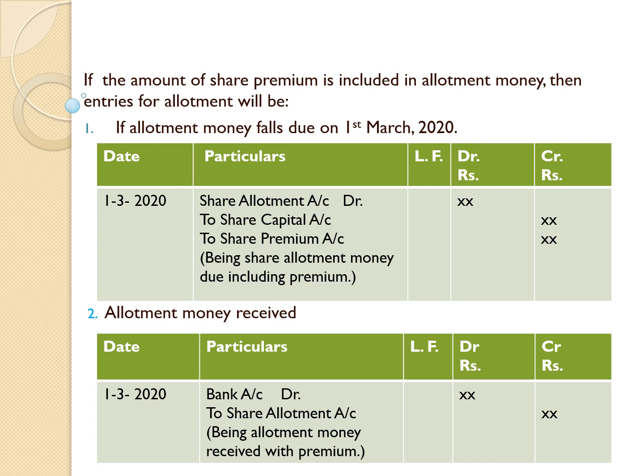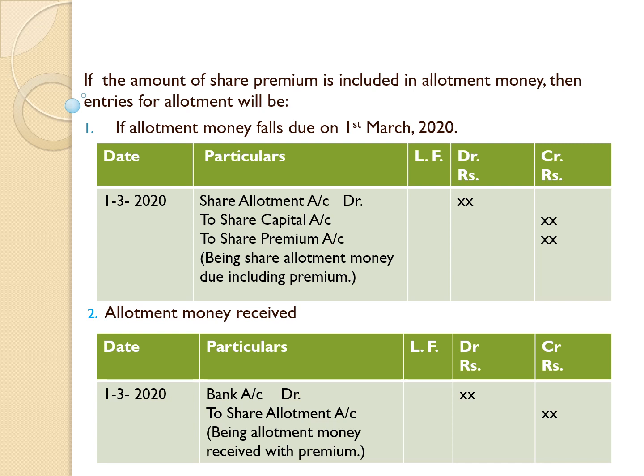So suppose the shares are issued at premium and the amount of premium is included in the second stage called the allotment stage. So how are entries to be recorded about the allotment when the amount of share premium is included in allotment?